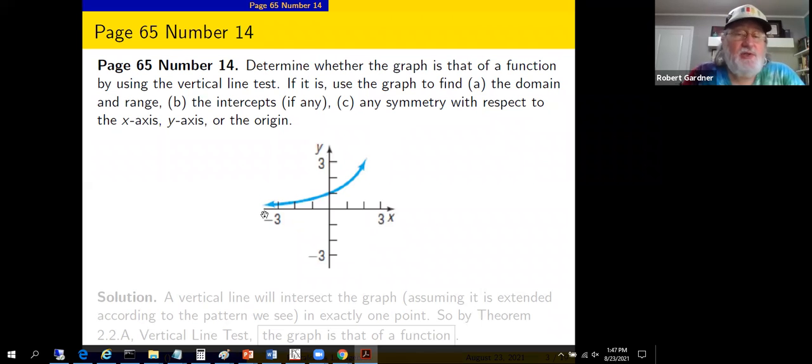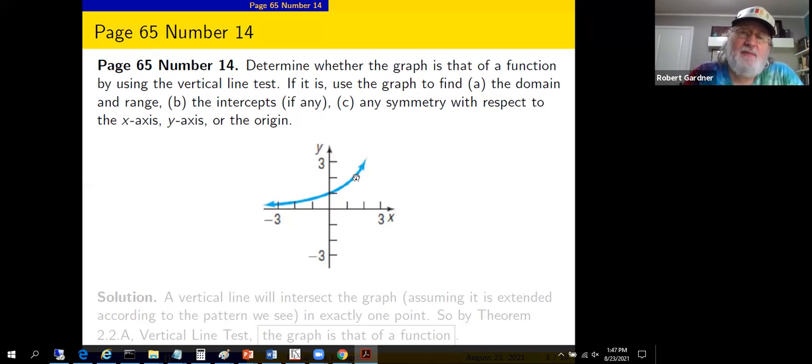Their implication is, and granted, this is not spelled out well at this stage, that on the left-hand side, we'll discuss this in a good deal more detail later, the graph is getting, as we move to the left, closer and closer to the x-axis, but it never gets there. That's one of the conditions that implies a horizontal asymptote.